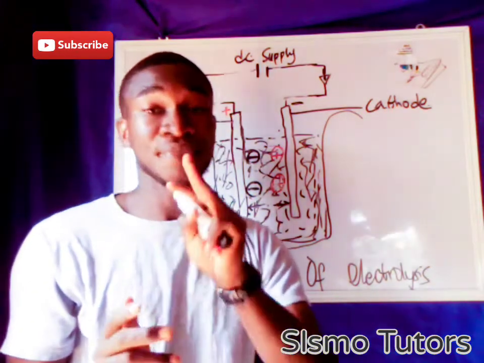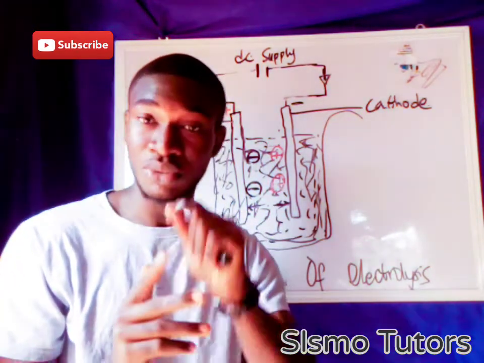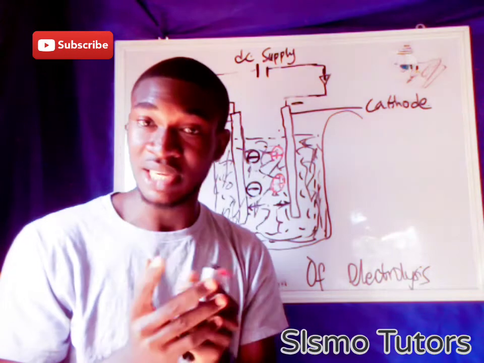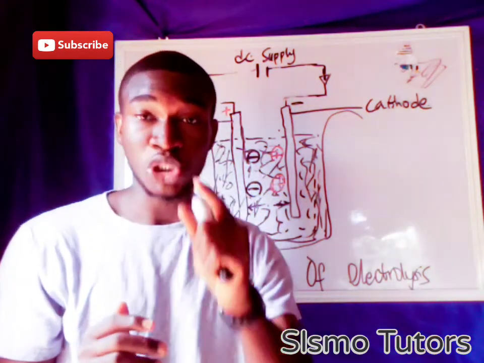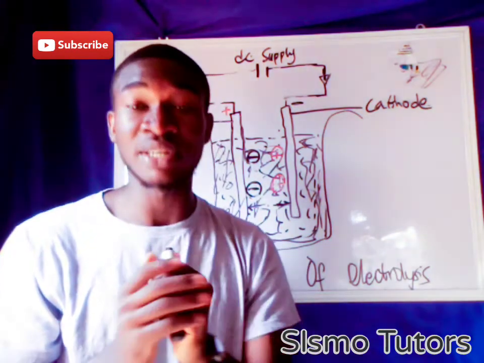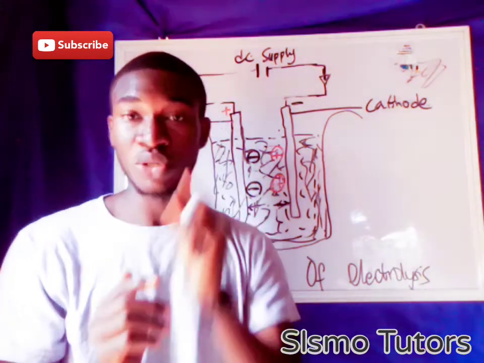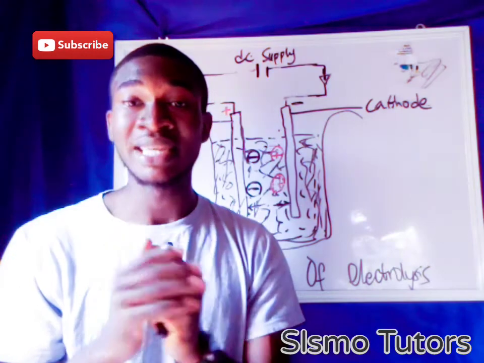Now, we have three factors that will determine the ion that will be discharged. Number one is the position of these ions in the electrochemical series. Number two is the concentration of the ions. Number three is the nature.